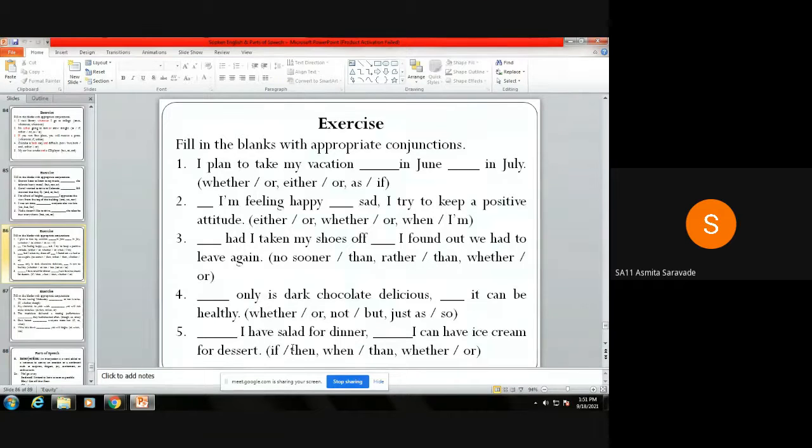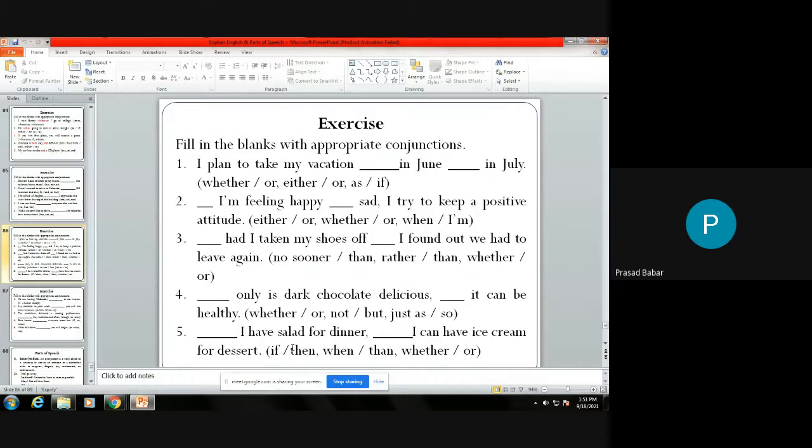If then. If I had salad for dinner, then I can have ice cream for dessert. If then is not suiting to this example.